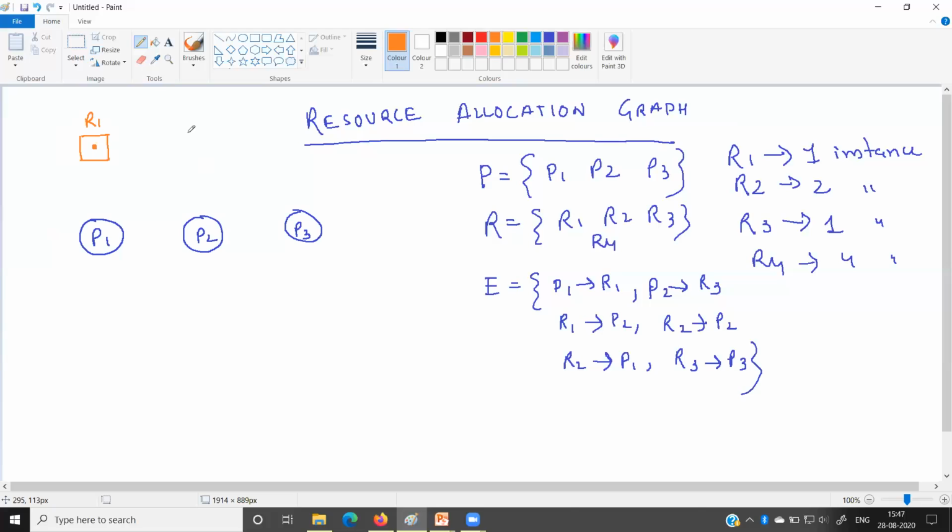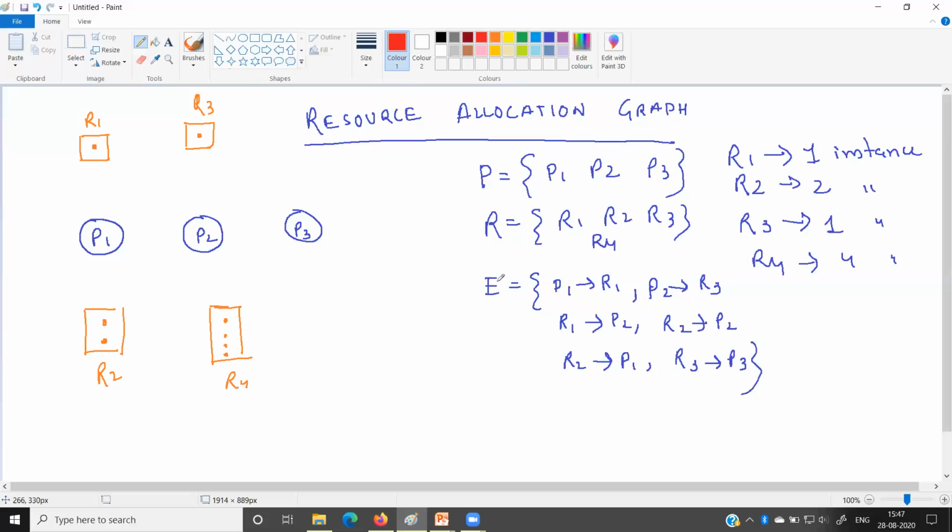There is also the resource R2, which we will draw over here. R2 has two instances. There is the resource R3, which has a single instance, and there is also the resource R4, which has four instances.